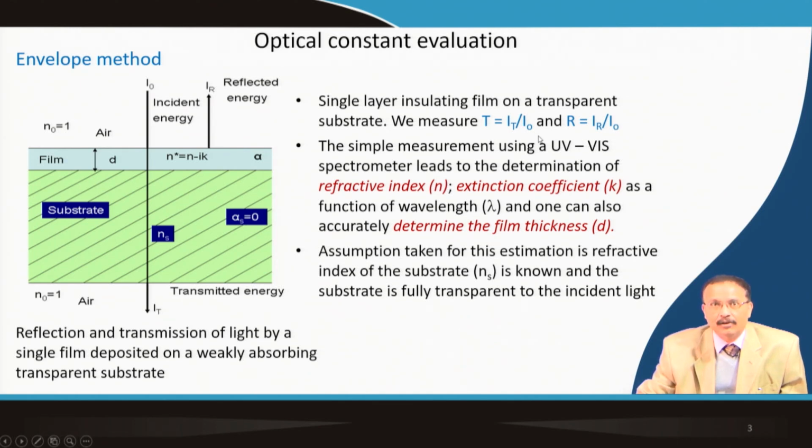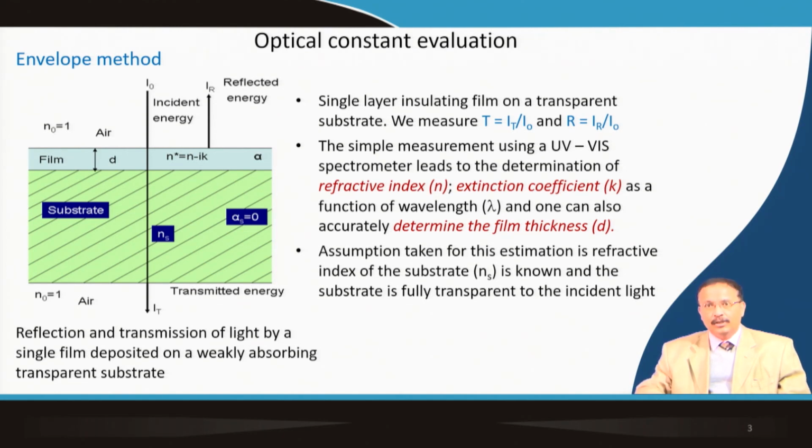This spectra you record in the spectrometer, and by a single set of data of this measurement, you can estimate the refractive index and extinction coefficient as a function of lambda.